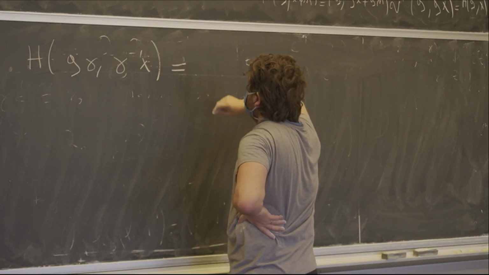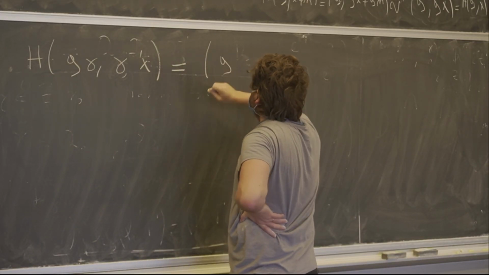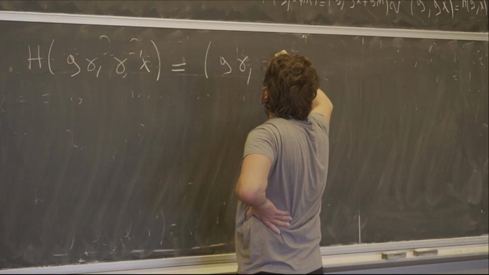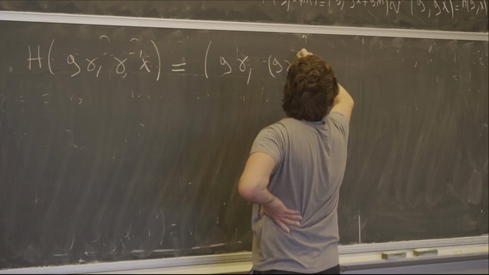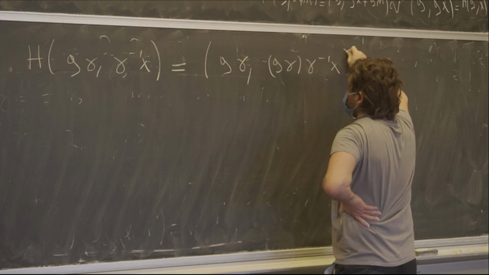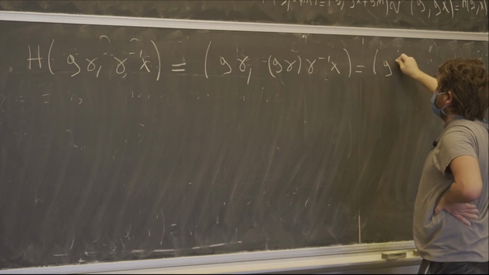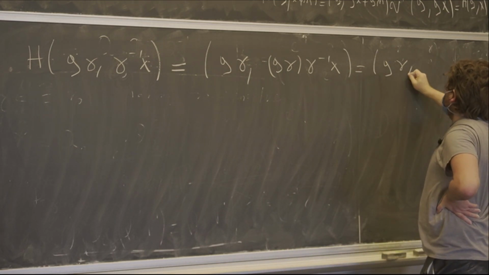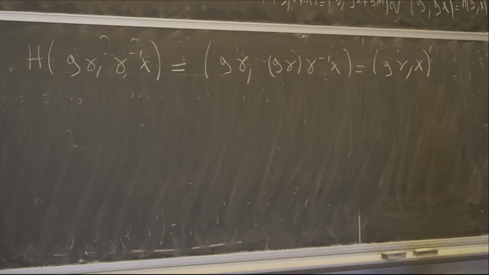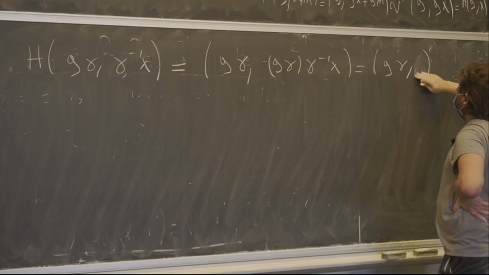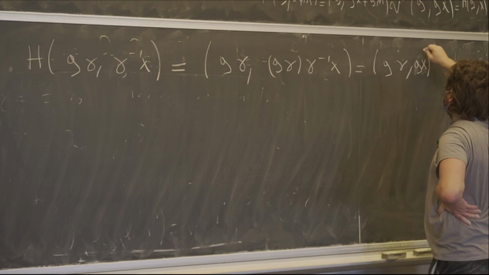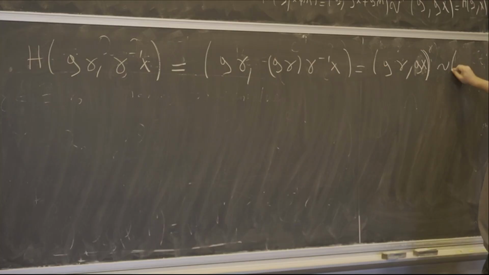This is by definition G gamma times gamma inverse x, which is G gamma gx, sorry. And this is related prime with Gx, and this is H of Gx.